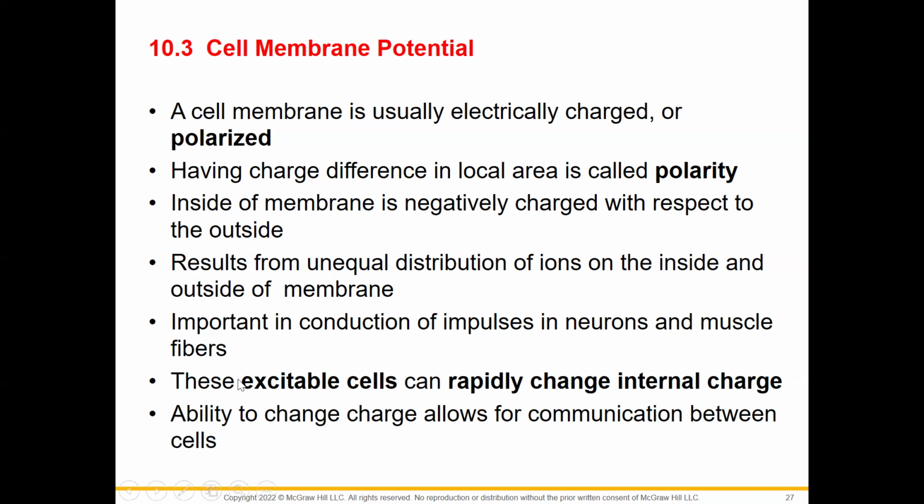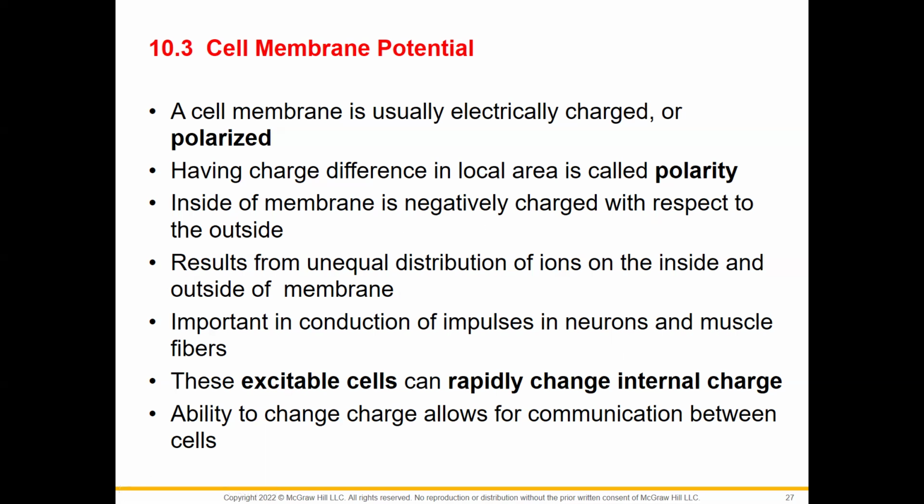These excitable cells, cells that receive a nudge, receive a signal to do a thing, can then be turned on in order to do that thing. These excitable cells can rapidly change the internal charge. So we already said that the inside is more negatively charged than the outside.